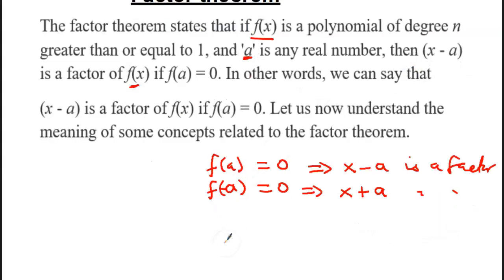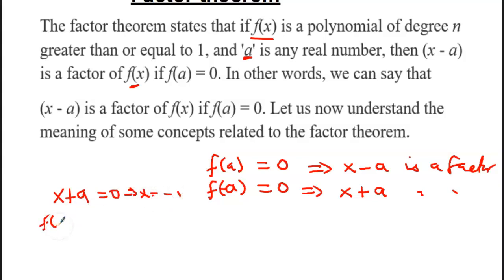In the first scenario, when you divide a polynomial by the divisor x plus a, you equate it to 0 and you find x being equal to minus a.